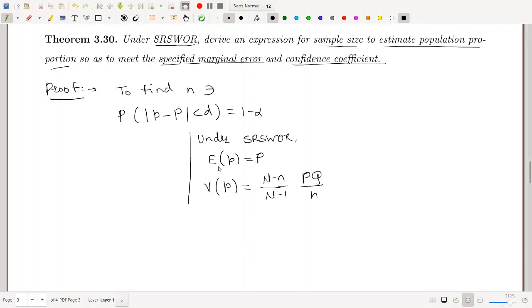So if expected value of p is this one and variance of p is this one, this means p follows asymptotically normal with mean capital P and variance N minus n upon N minus 1 into PQ upon small n. So this is asymptotically.